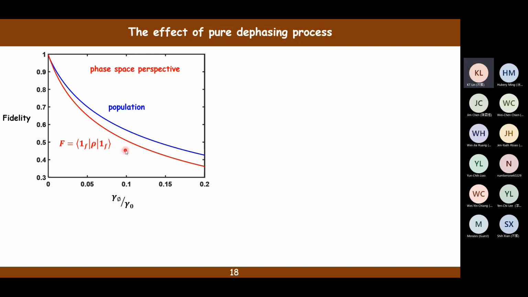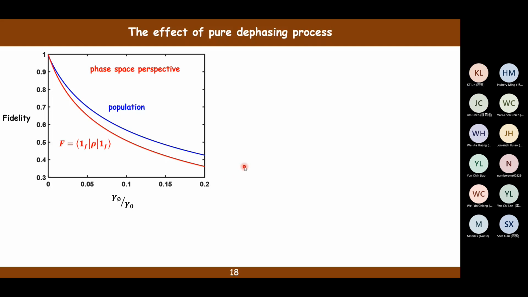Here, as comparison, we also draw the population of the desired state. As you can see, although these two curves are not the same, they are not overlapping each other, the trend of these two curves is the same. So in this sense, we can say that our fidelity can reflect whether the state can be well prepared or not.